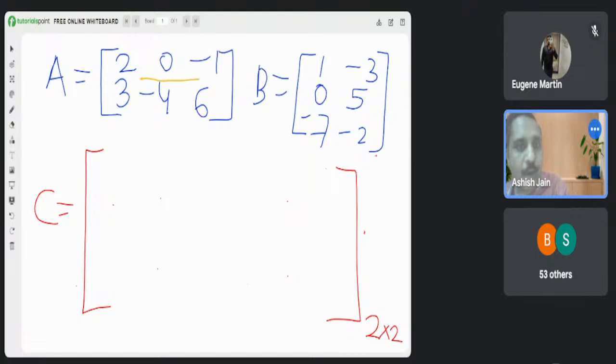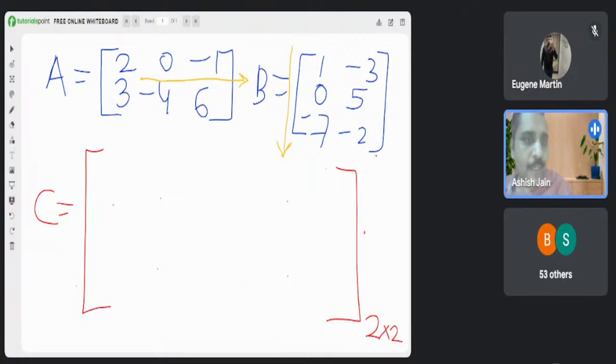First row elements of A are multiplied by first column elements of B, corresponding elements. समझ में आया? C11 कैसे निकलेगा? First row elements of matrix A are multiplied with the corresponding first column elements of matrix B. यहां देखो.